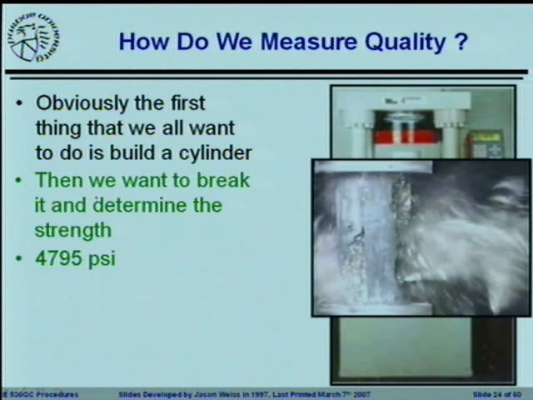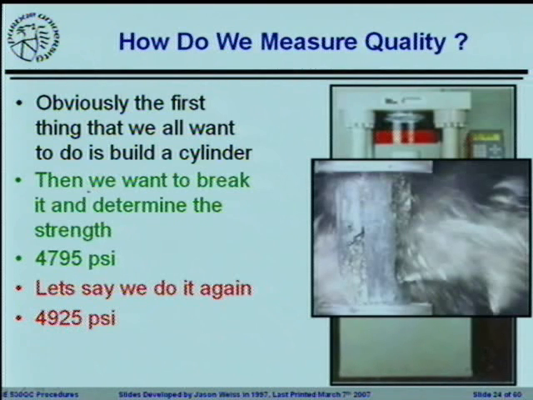What do we do with that? Well, most of us are a little confused, but we had a good time the first time we broke something, so let's break something else. And we'll typically do it again. We'll take another cylinder, we'll get something like 4,925 psi, and now we've got a big issue because those numbers aren't exactly the same. And it's very, very unlikely that you're going to get a number that's exactly the same.